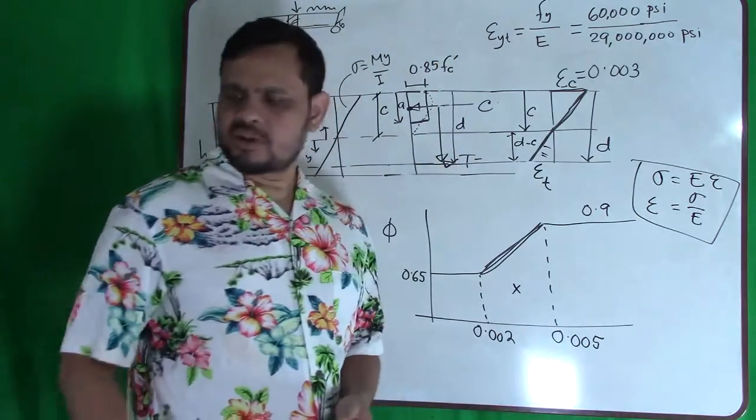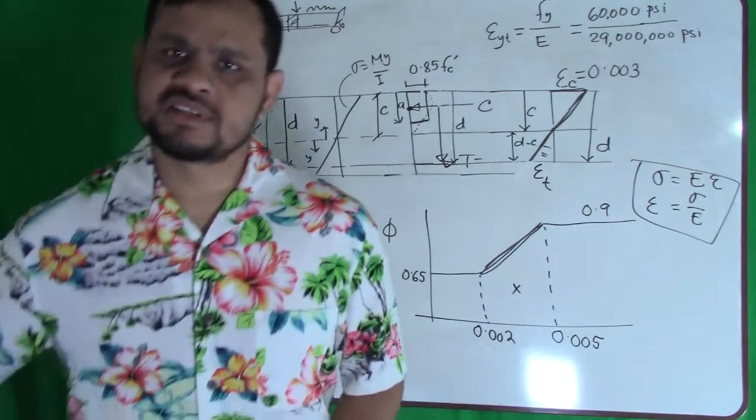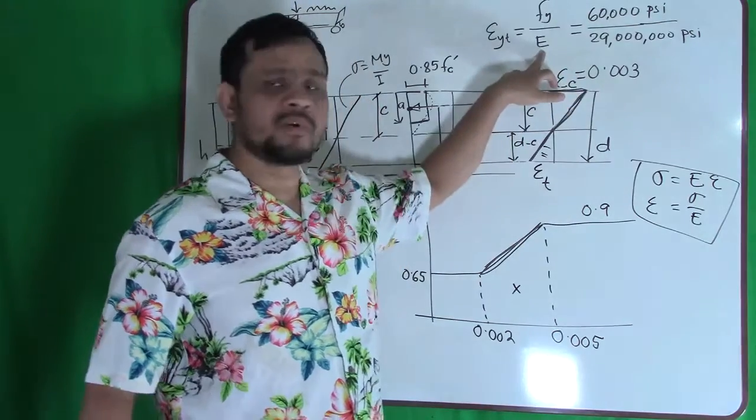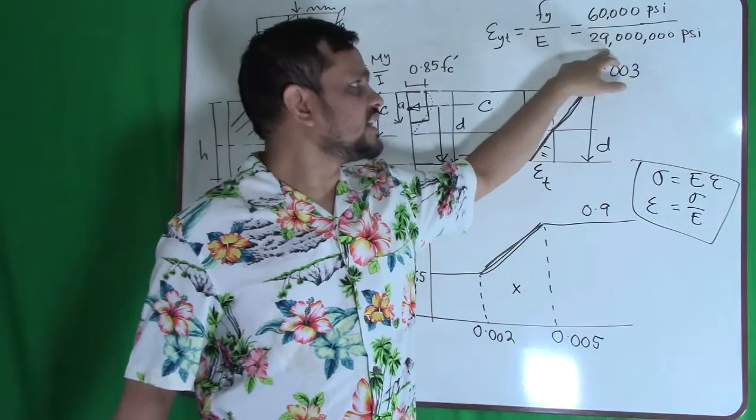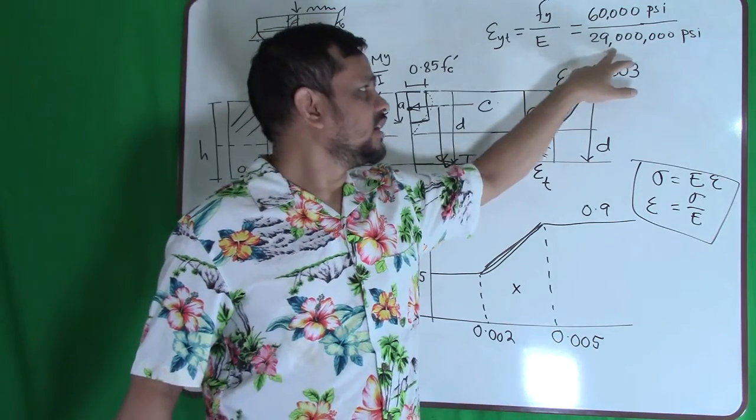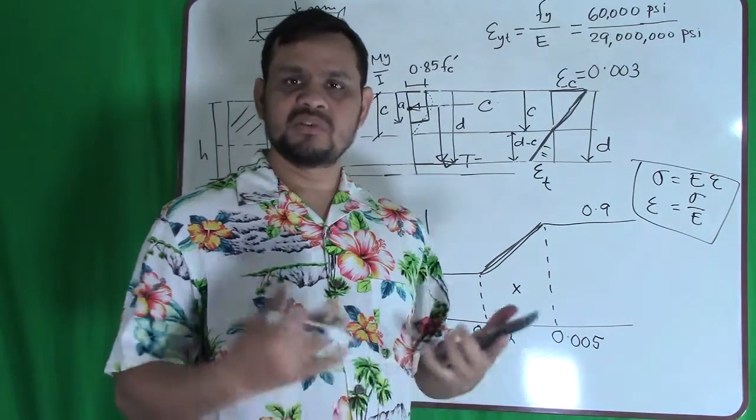You know that whatever the strength of steel is, Young's modulus is 29,000 ksi, or 29 times 10^6 psi. We know this value.